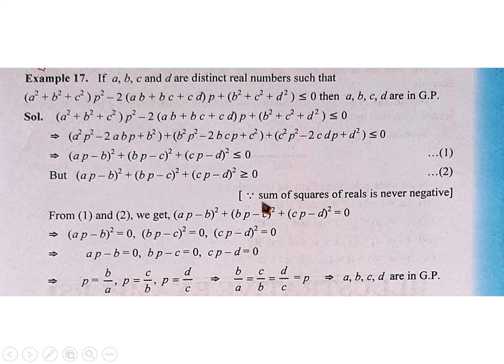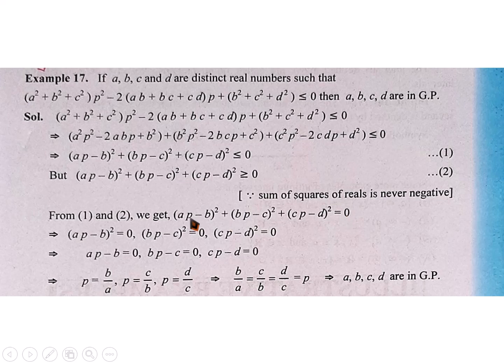Because of this reason, the sum of squares of real numbers is never negative, meaning it is always greater than or equal to 0. This result we know, and this result we have established. Combining these two results, we get (ap minus b) whole square plus (bp minus c) whole square plus (cp minus d) whole square equal to 0.